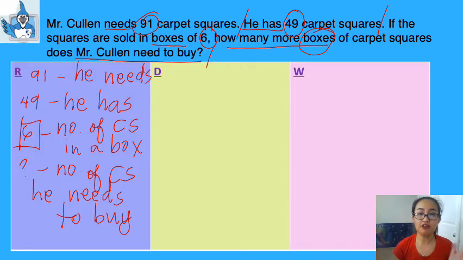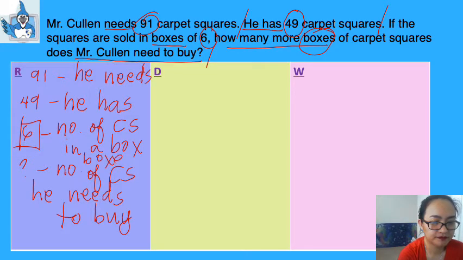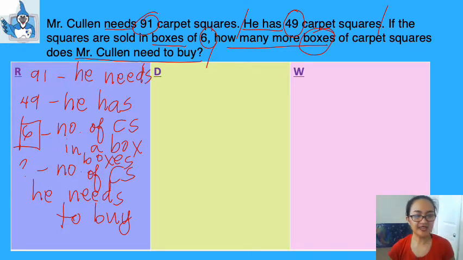So number of boxes of carpet squares that he needs to buy. This is a two-step problem or maybe more. So let's take a look.